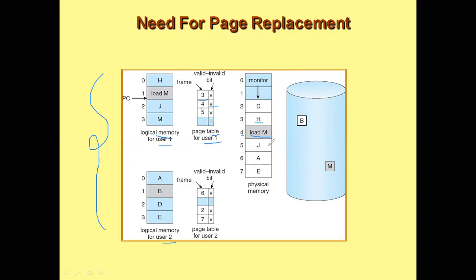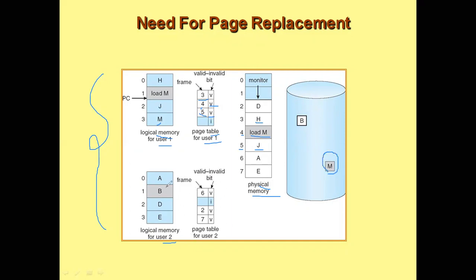J is also in the main memory, that is why it is valid, and its associated frame number is 5. Coming to M, M is invalid because we have no M in the main memory or the physical memory, but this M is present in the secondary storage.